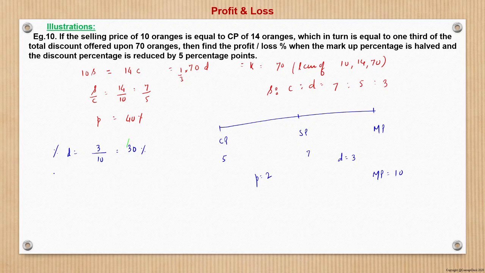Now the question says that if the new profit percentage, that is P dash percent, is half, that is instead of 40 it becomes 20%, and new discount, that is D dash percent, becomes 5 percentage points less, that is from 30% it becomes 25%, right?